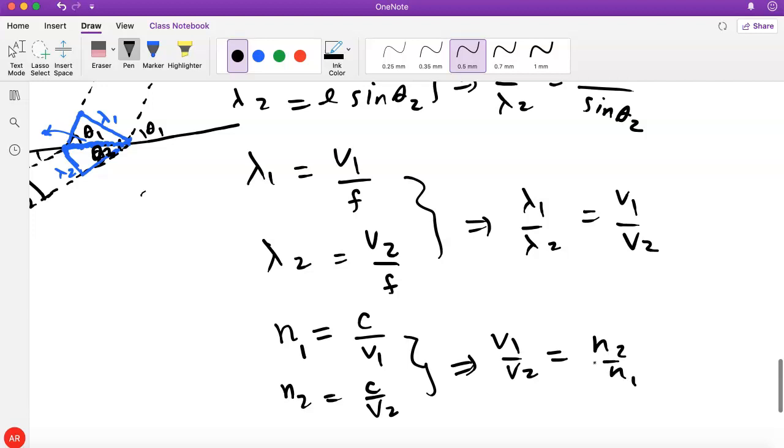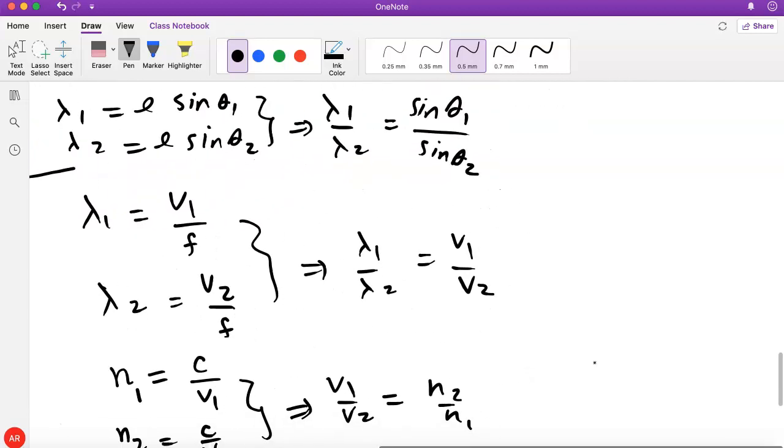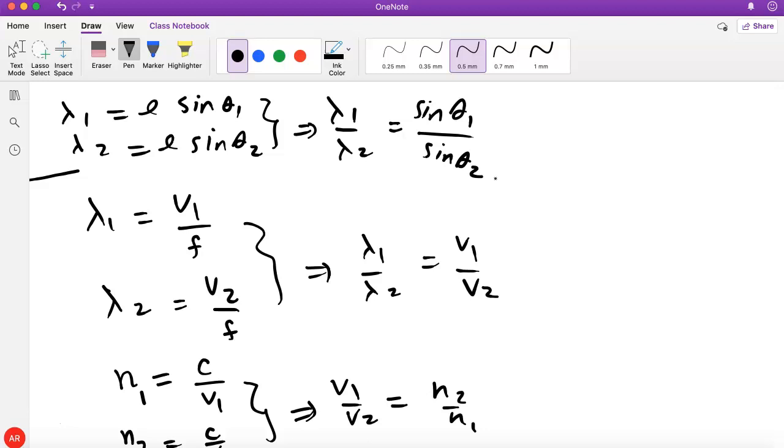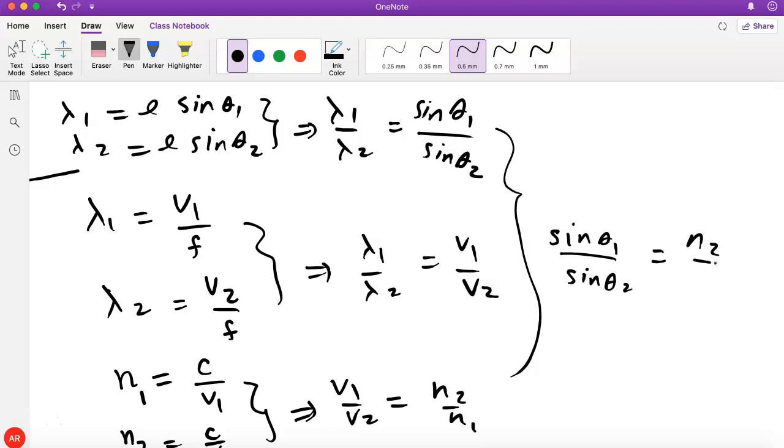They're inversely proportional. So these three equations: sine theta 1 over sine theta 2 is lambda 1 over lambda 2, which is v1 over v2, which is n2 over n1. So sine theta 1 over sine theta 2 is n2 over n1.